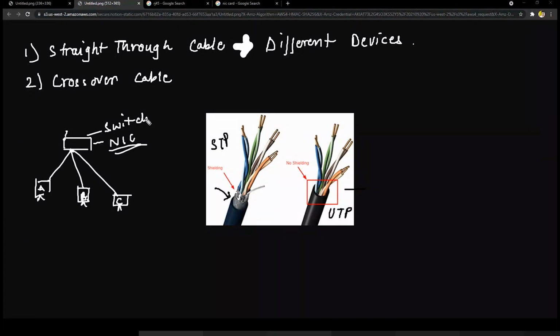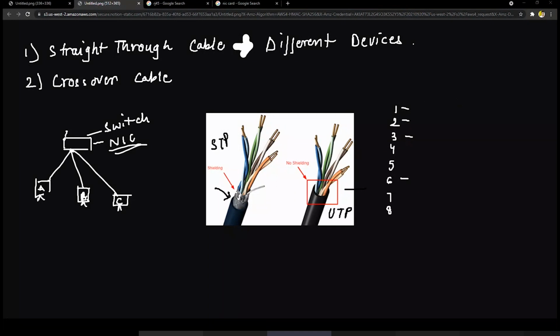Yeah. So there are some pins available there on the NIC card of a device, and these pins are numbered from 1 to 8. 1, 2, 3, 4, 5, 6, 7, 8. And out of these 8 pins, the important ones which we are going to discuss are 1, 2, 3 and 6.